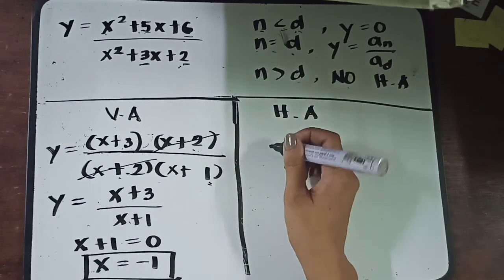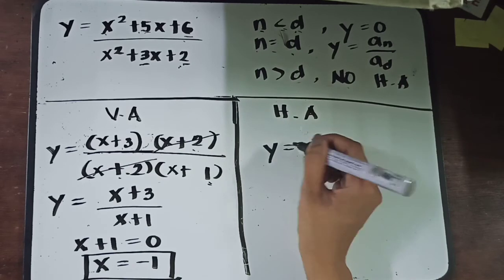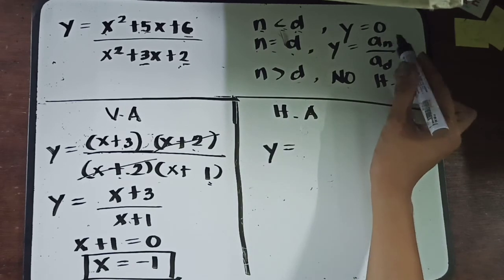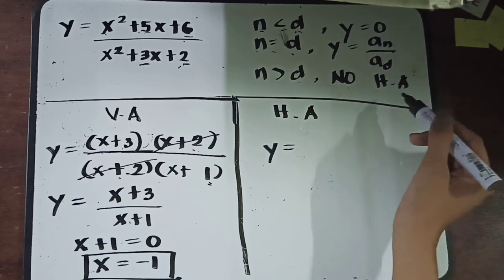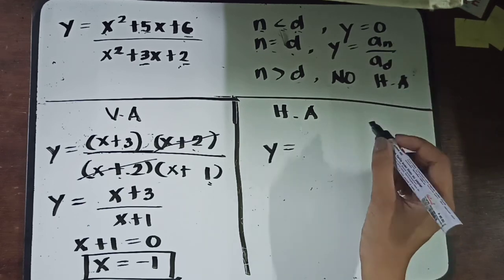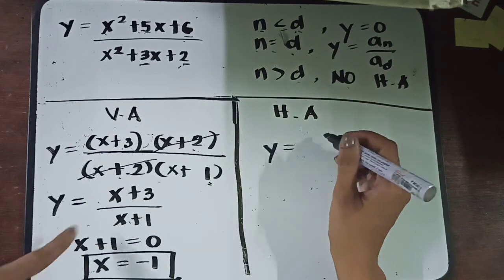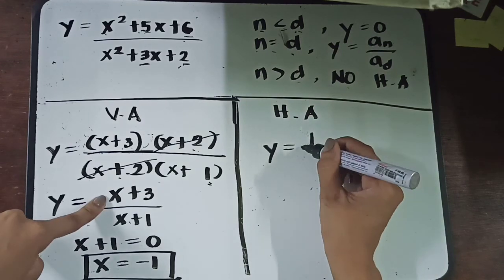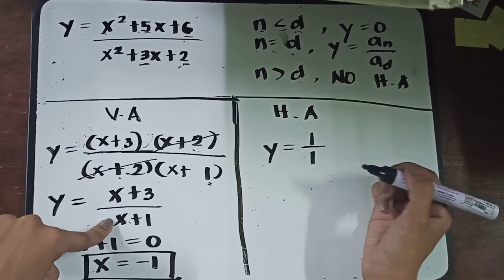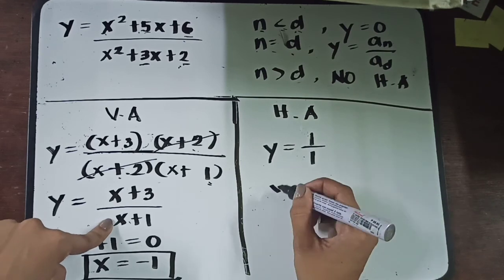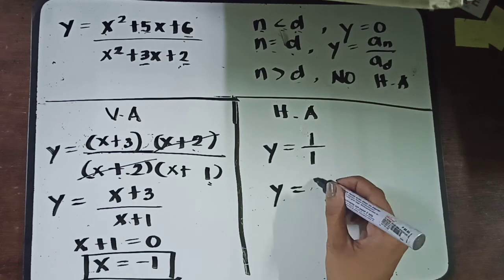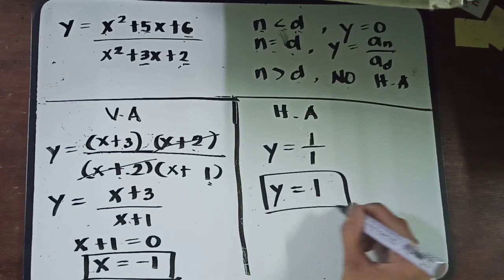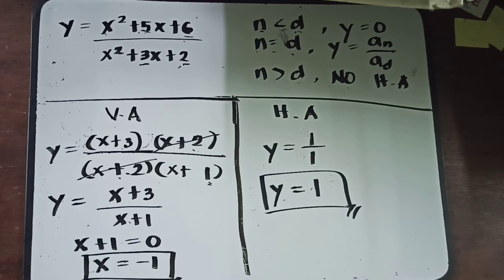So, again, the value of our y is the ratio of the numerical coefficient or the leading coefficient of the numerator over the leading coefficient of the denominator. So the coefficient is 1 over the coefficient of the denominator, which is also 1. Then our horizontal asymptote now is 1 over 1, which is equal to 1.